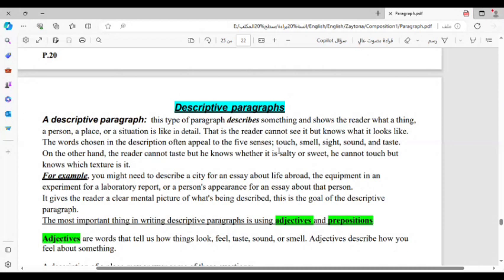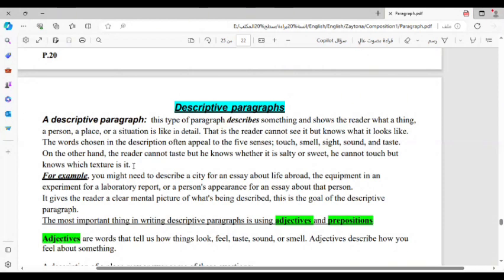Maybe you are describing your favorite food, so you need to make us feel as if we taste this food.